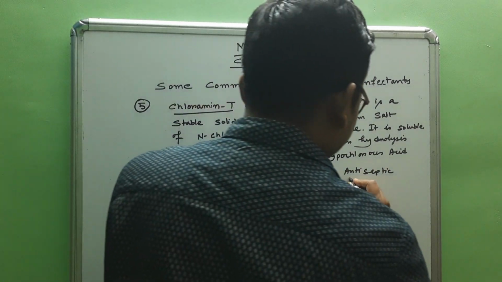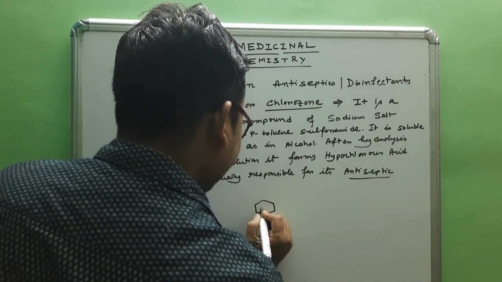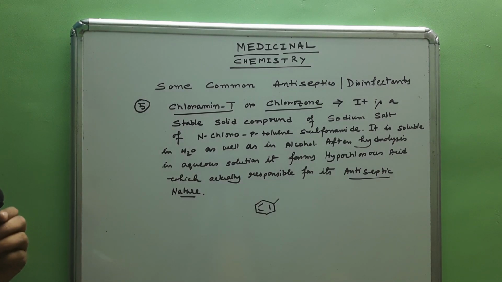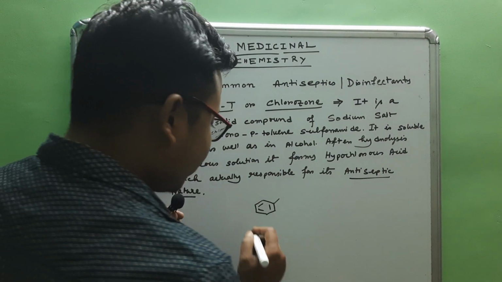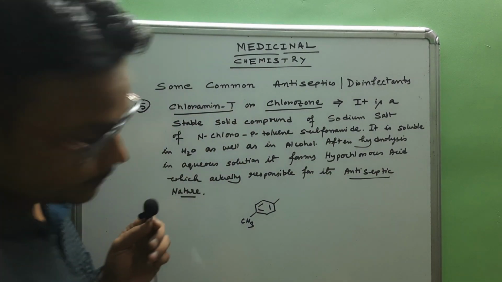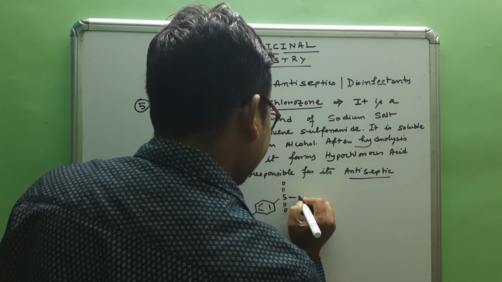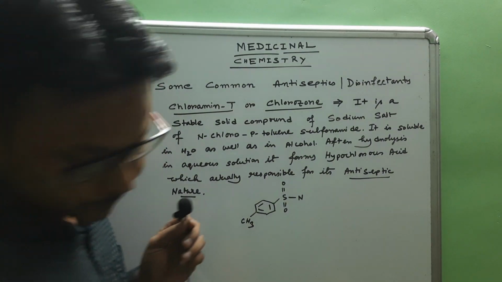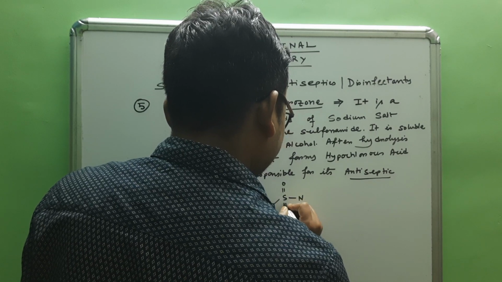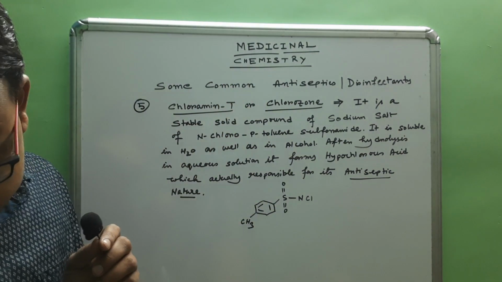So, what is the formula of chloramine T? As we said, chloramine T is the sodium salt of N-chloro-para-toluene sulfonamide. So, this is toluene and its para position, this is O O, nitrogen here, and this is N-chloro.